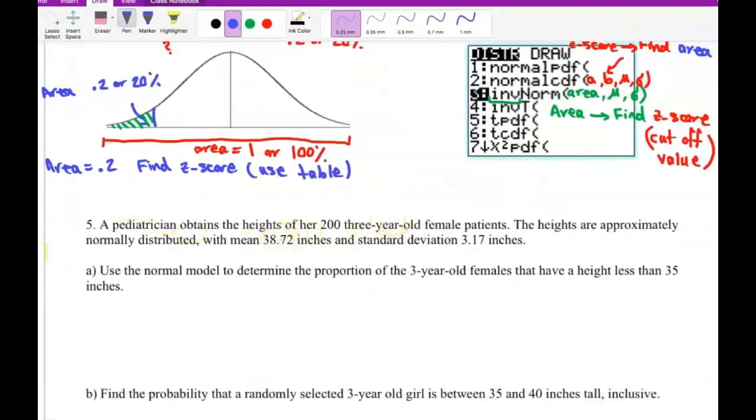So we use the table, and based on the table, the closest area is 0.2005. What that means is the z-score is negative 0.84.